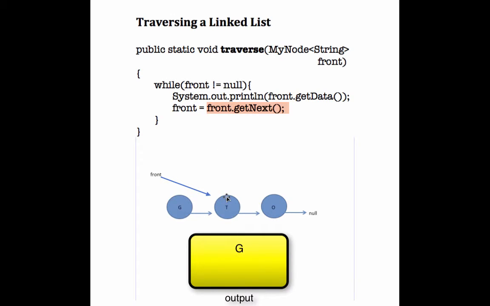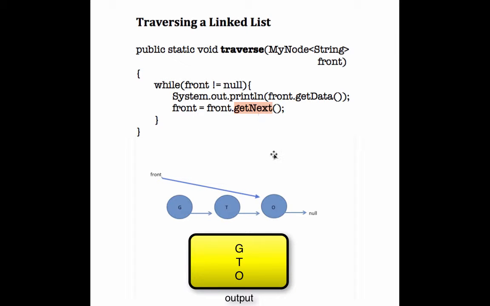Well, because front has the value of the address of T, which is not null, I will again print the data, it prints T, and now I need to change again the value of front. But remember, front now is looking at T, so now I need to give it the value of this address, which is next. And that will be the address of the node that has O. And again, that is not null, so it will print the data, and it will advance to the next.